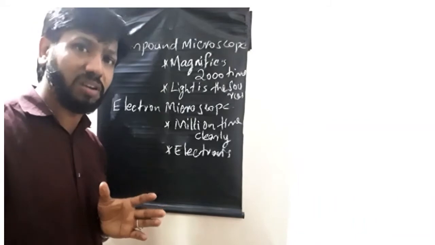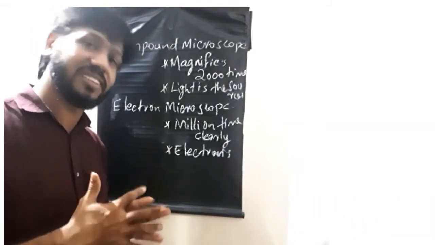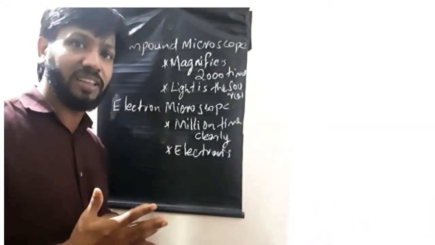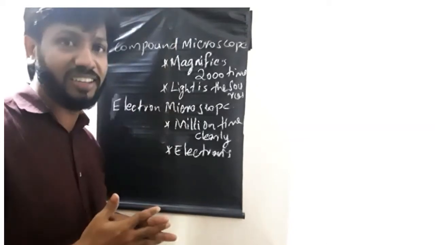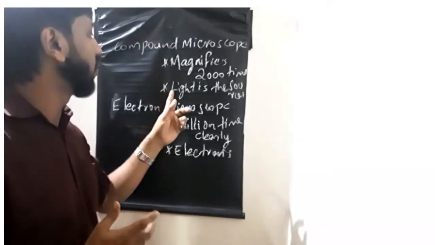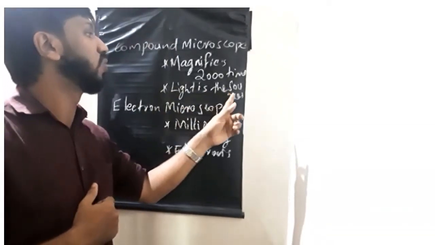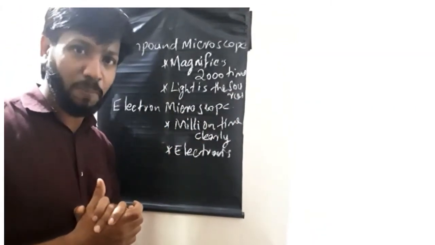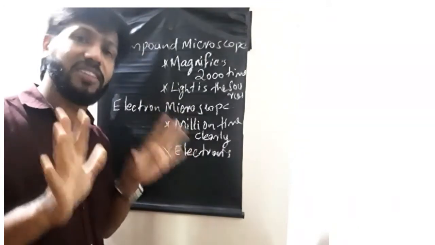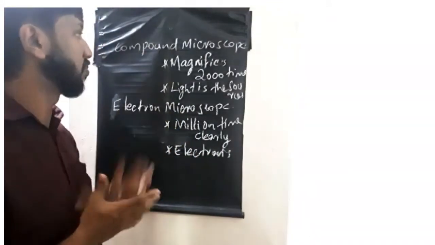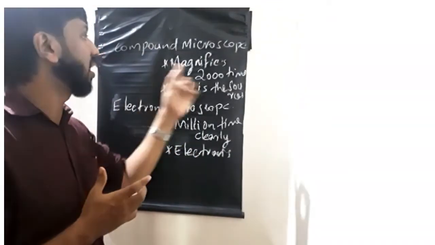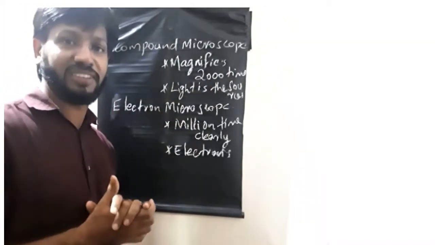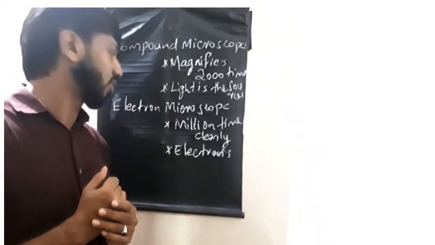By using this mirror, we can adjust the light source, the natural light from the sunlight that we are using here. So we can say light is the source for this. And the stage, clip, everything you can see in compound microscope. That's very familiar. Magnifies 2000 times. These are the two important points.